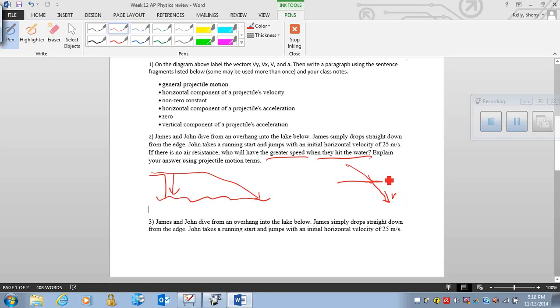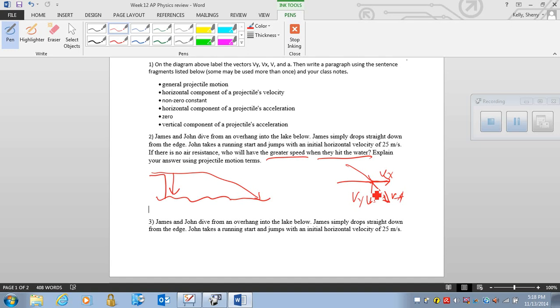In order to get that velocity, we have to take the velocity in the x direction and the velocity in the y direction and get the resultant vector, which will give us v. It's very obvious here that this resultant vector v has to be greater than the y velocity. It's the hypotenuse or the diagonal of that rectangle.